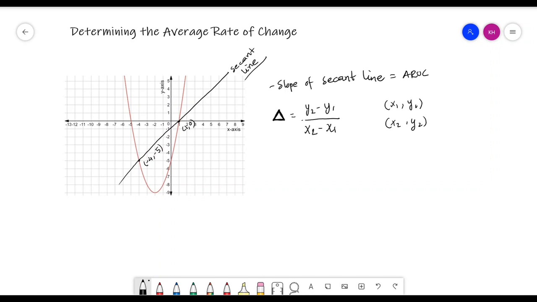So let's try and find the AROC of this secant line. So my points are, let's take it as 1, 0, and let's take this one as -4, -5.